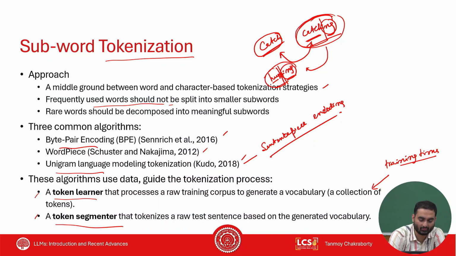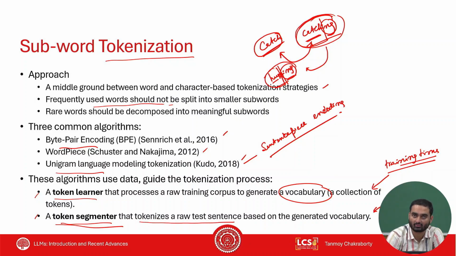Then during the test time, we use another module called the token segmenter. Remember, in the training time, you already identified the vocabulary. In the test time, based on the vocabulary and maybe a set of rules that you have identified, you can tokenize a raw test sentence into different tokens.